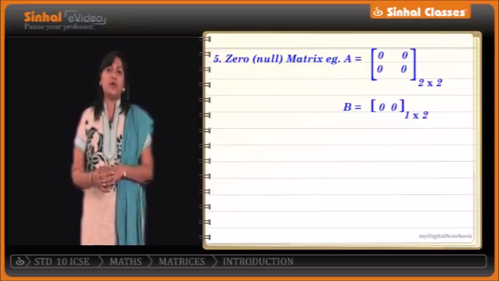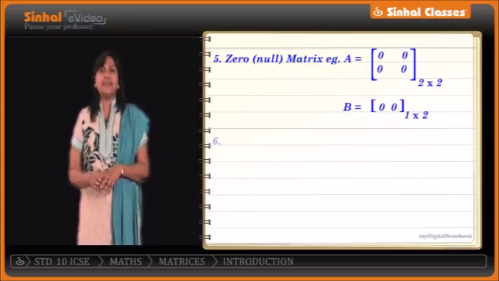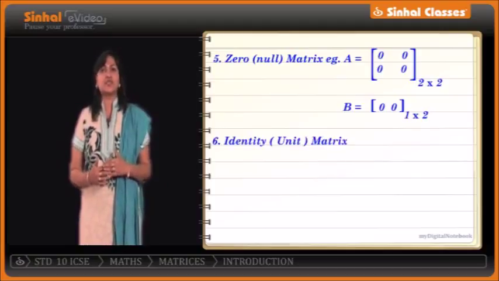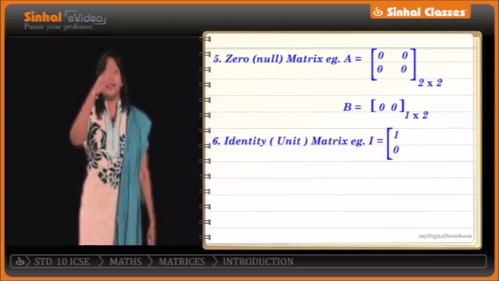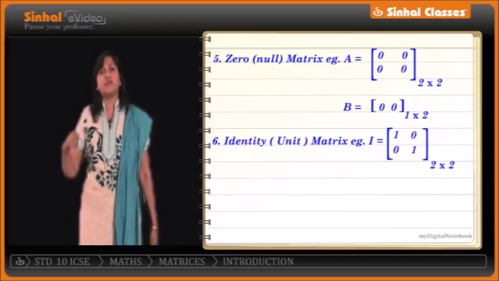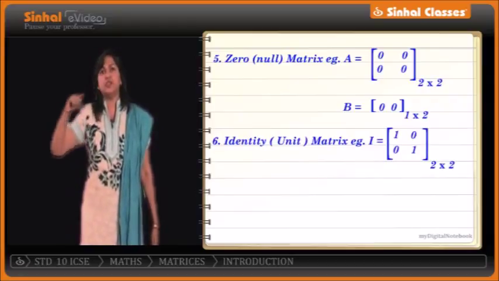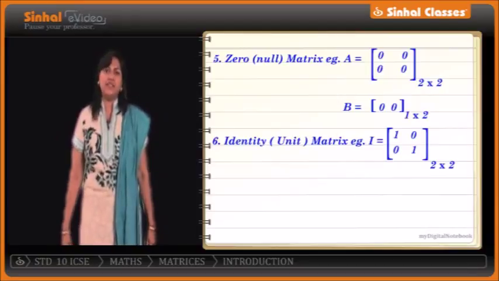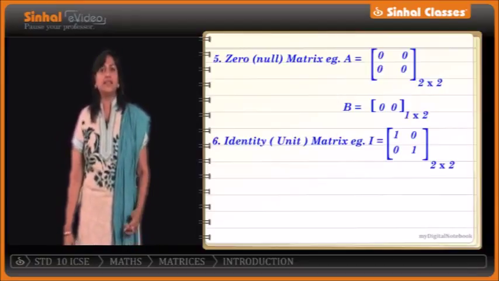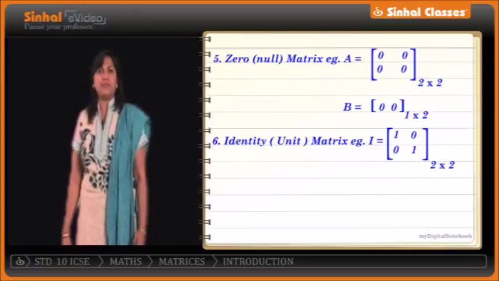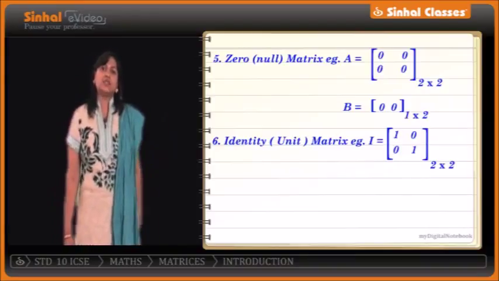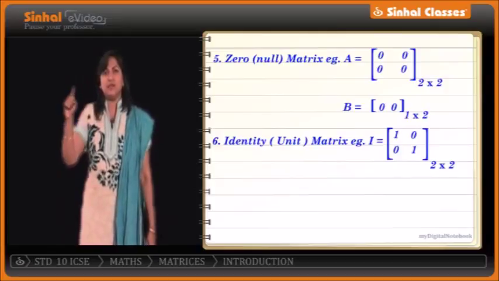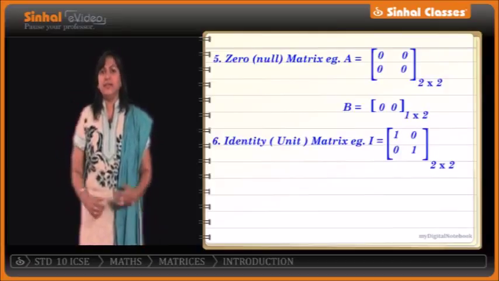Next and the most important one is the identity matrix or the unit matrix. This is a square matrix in which the diagonal elements from top left to bottom right are 1 and all remaining elements are 0. This is always denoted by capital I. So a 2 by 2 identity matrix will be 1, 0, 0, 1.